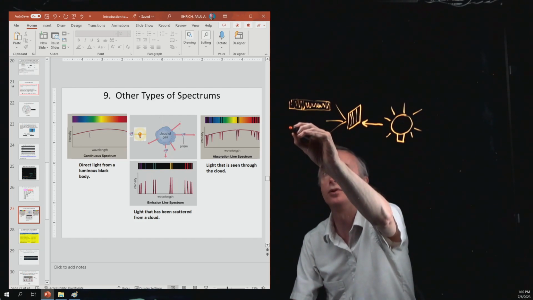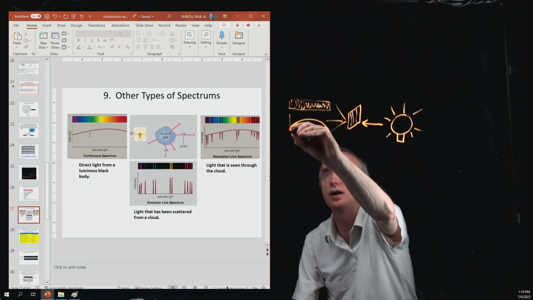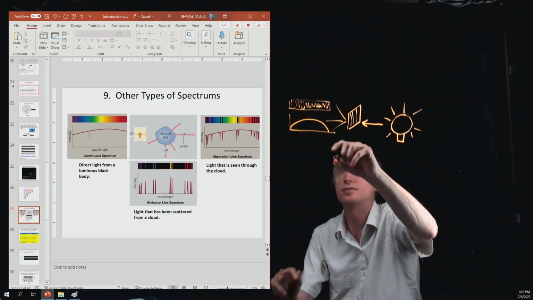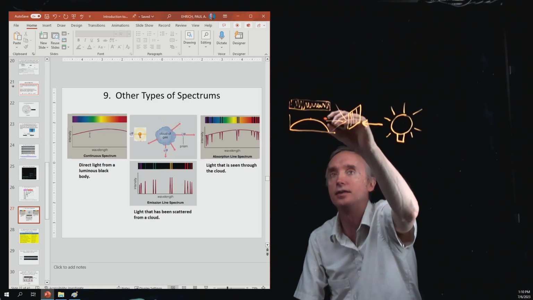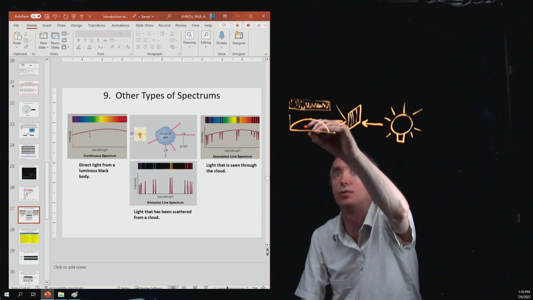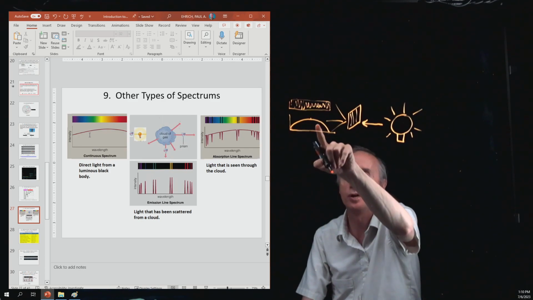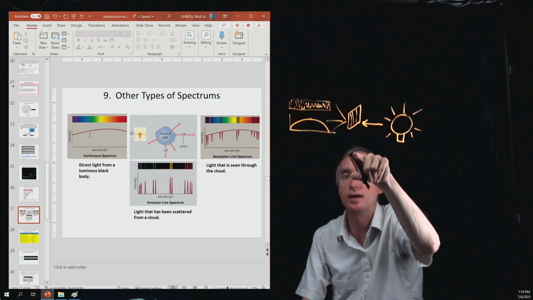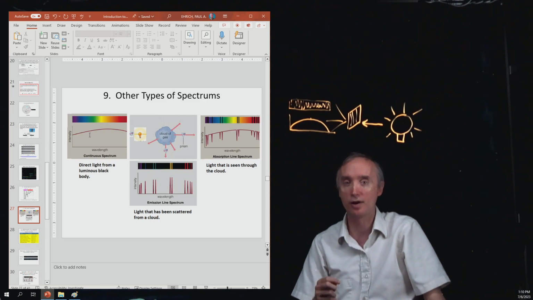So when you look at the black body spectrum of these colors, you notice that one of the colors, let's say yellow, is going to be brighter than, let's say, either red or violet over here and over here. So that's the reason why that curve underneath it goes up like that. It's illustrating that some of the colors are going to be brighter than other colors. That was a black body.